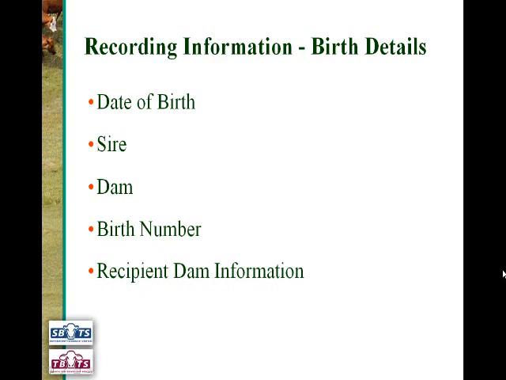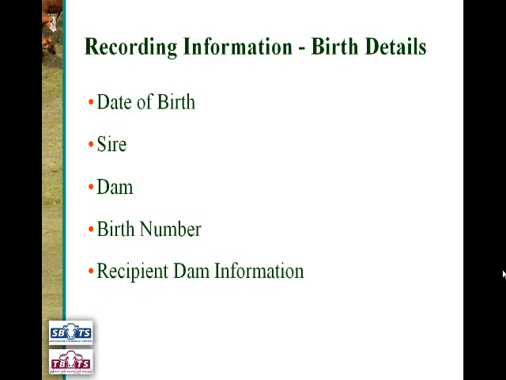Another two bits of information which you can record at birth, which will have an impact on your Breedplan EBVs, are the number of calves in that birth, so whether we have singles or twins or triplets, but generally singles or twins. And for any embryo transfer calves, it's important that you record the recipient dam information.